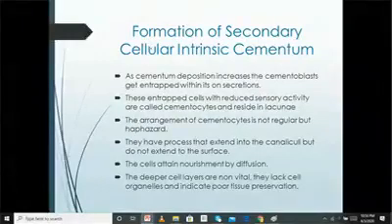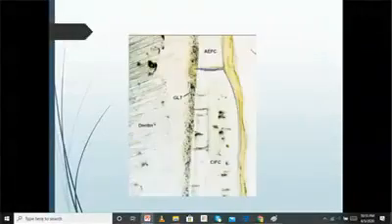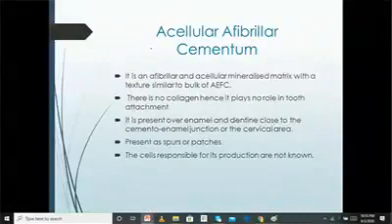So the cementocytes in the deeper layers eventually become non-vital because they are not getting enough nutrition, and they start lacking their cell organelles. This is how you would be able to identify the secondary cementum. This is all about the secondary cementogenesis.